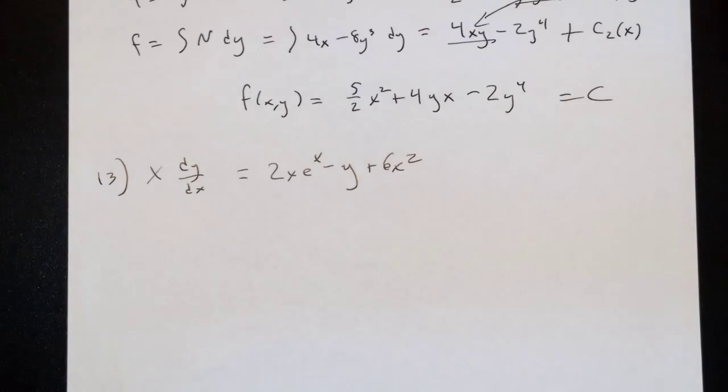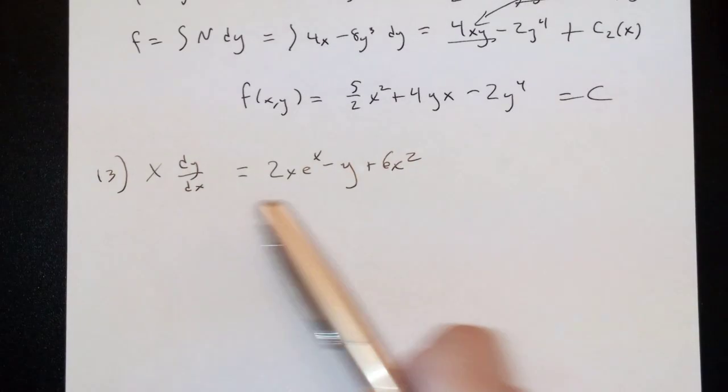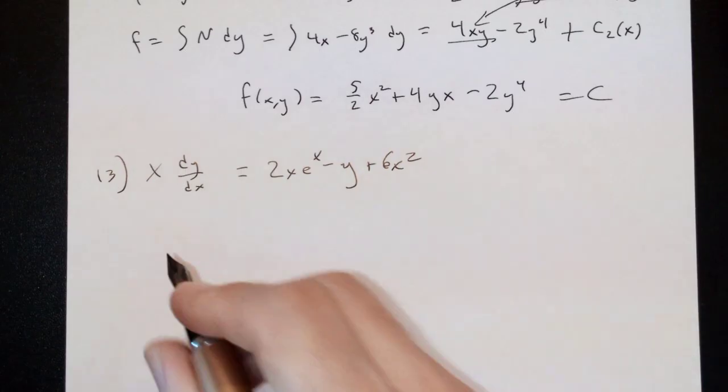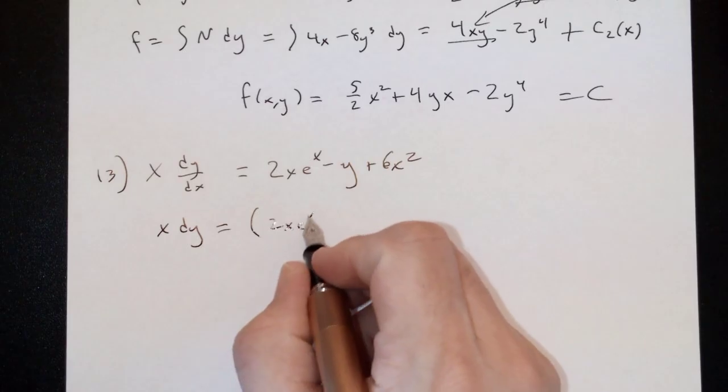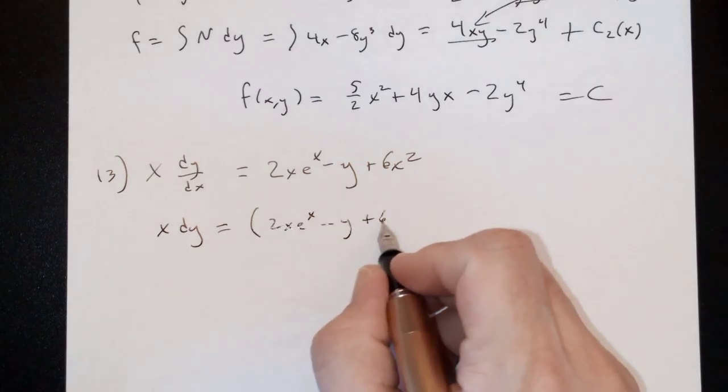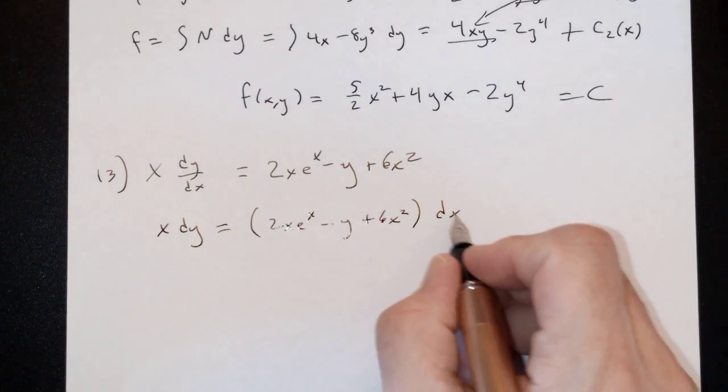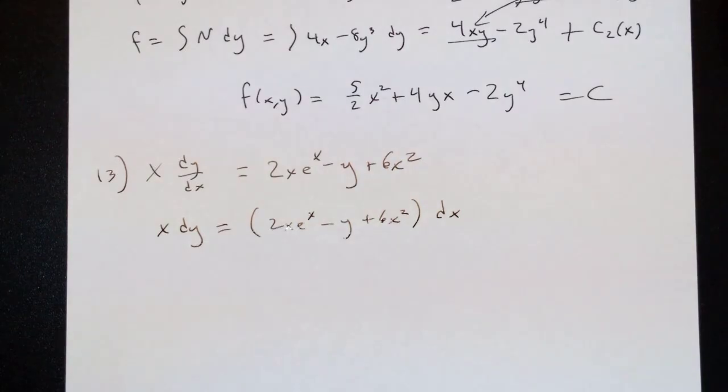So I'm going to start by moving the dx over here. And then, what should I move to what side?